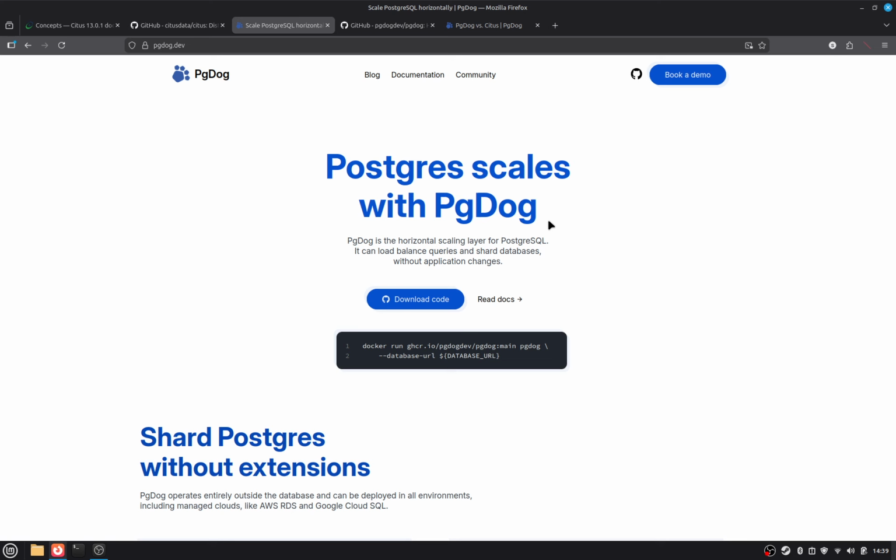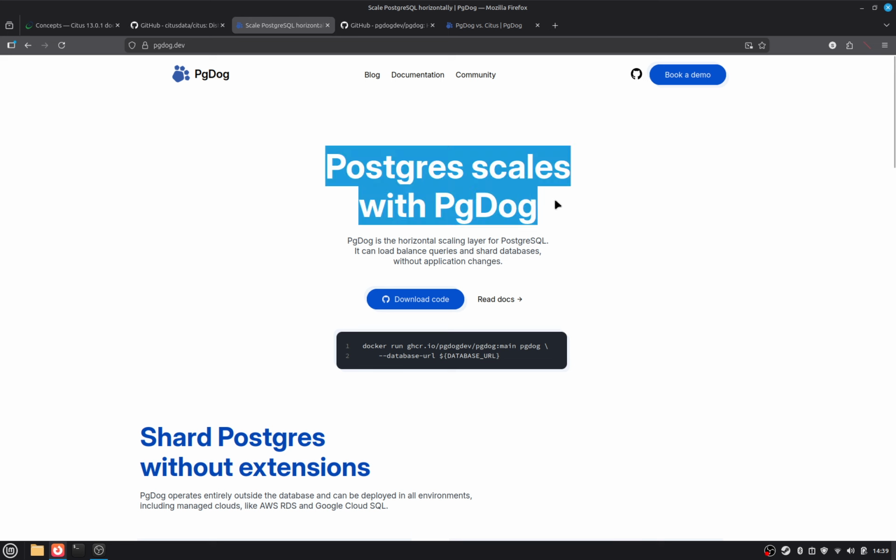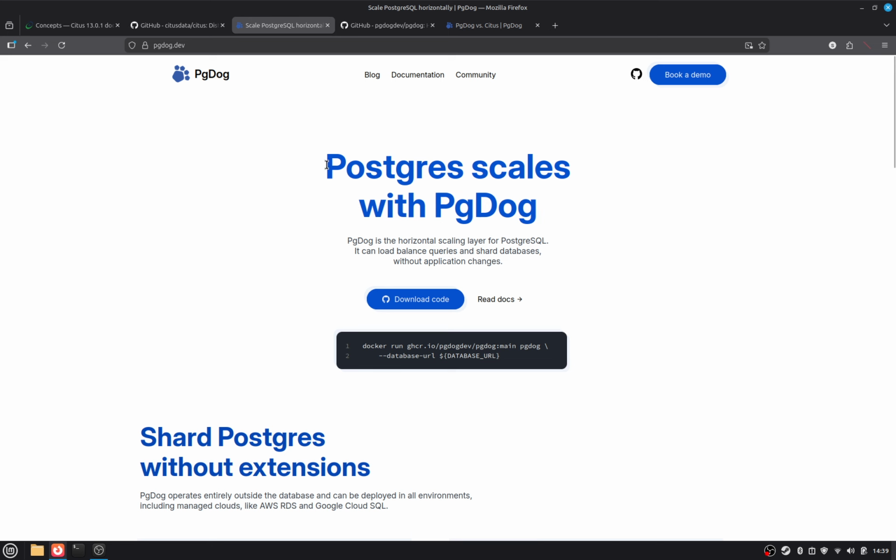A classic example would be the Stack Overflow database. You just can't shard it just like that. If you follow the same schema, you can't just partition like that. So in such databases, PgDog will work very nicely. I'll recommend that if you want to scale Postgres, PgDog should suit your needs.